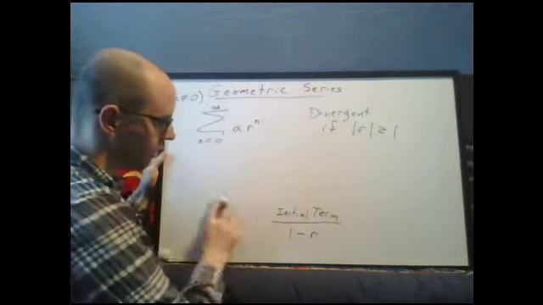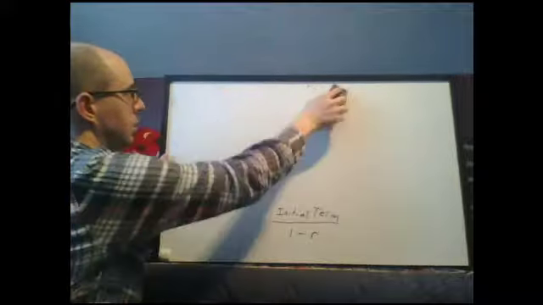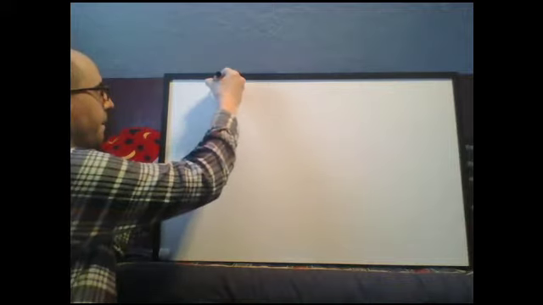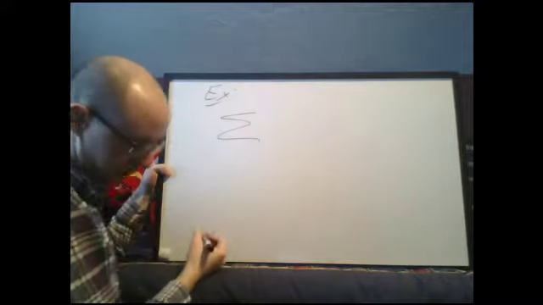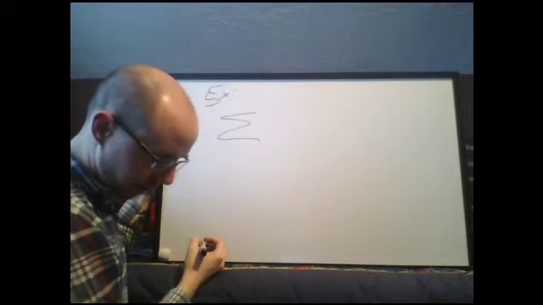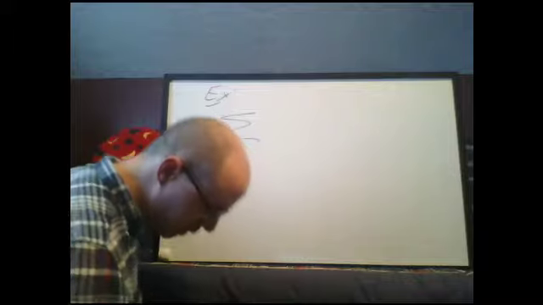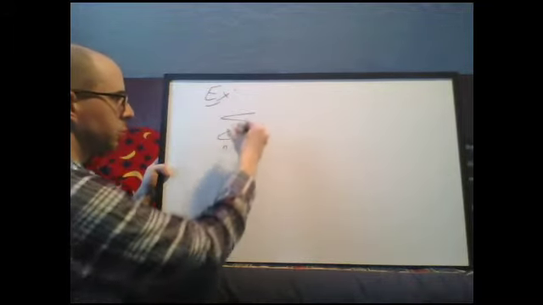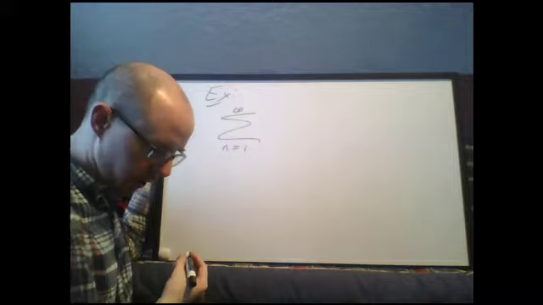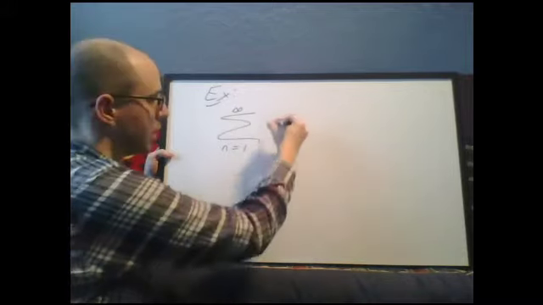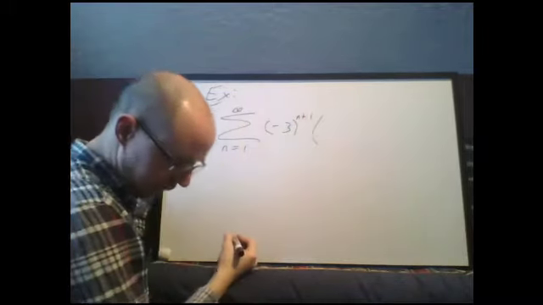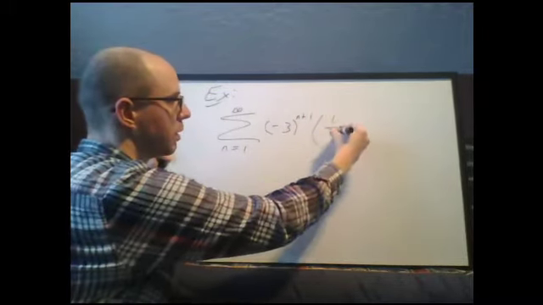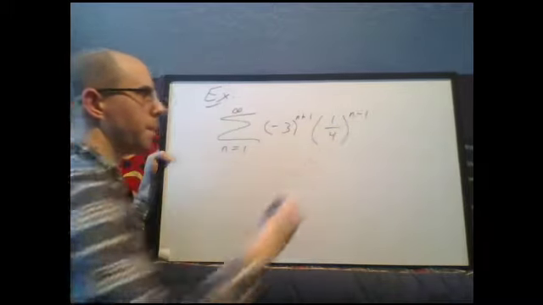All right, so let's do the summation from n equals 1 to infinity of the sequence -3 to the n plus 1 times 1/4 to the n minus 1.